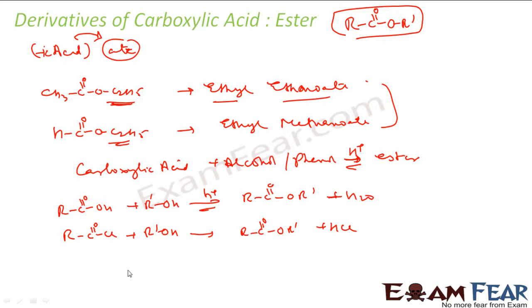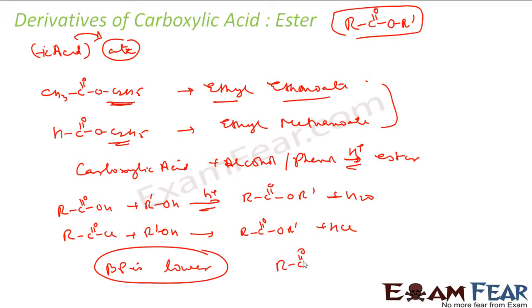The boiling points of esters are lower than the acid. Why? Again, there is no hydrogen bond. If you see here, there is not a significant increase in the mass. There is obviously an increase, instead of H I have R, but there is not much significant increase in the molecular mass, and the hydrogen bond is gone.